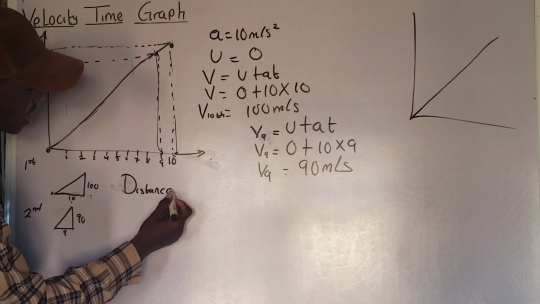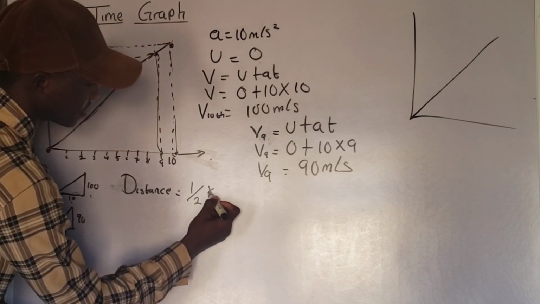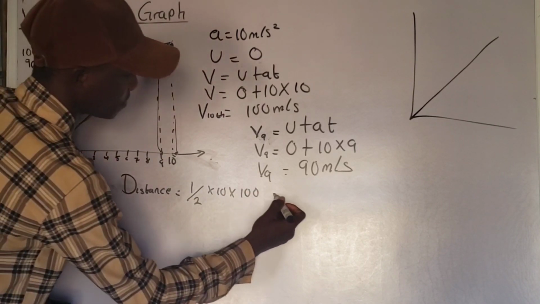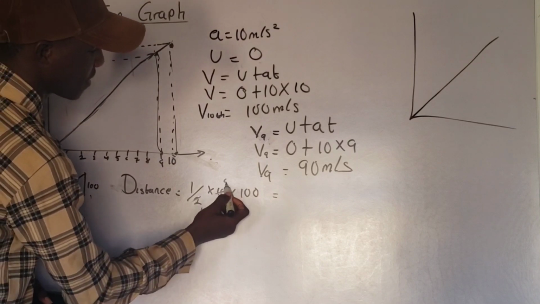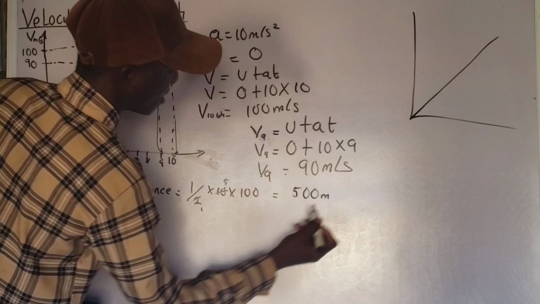The distance here equals half base times height. Half multiplied by 10 times 100. So for this, 2 into 10 is 5, 5 times 100 is 500. So this will be 500 meters.